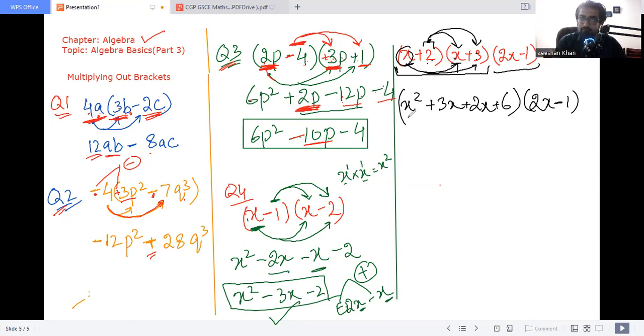We will start from x squared. You will multiply x squared with the first term of the next bracket, and then with the next term of the second bracket.